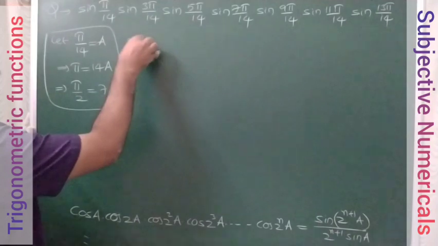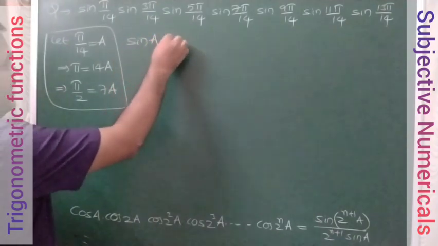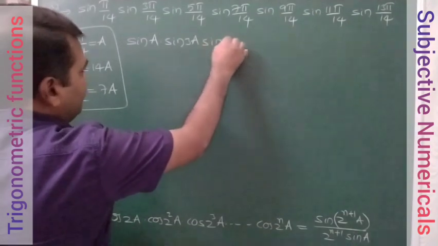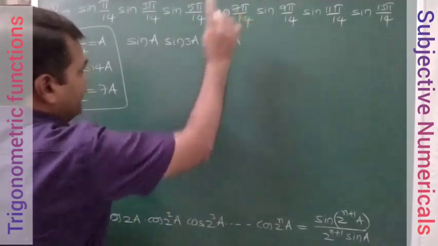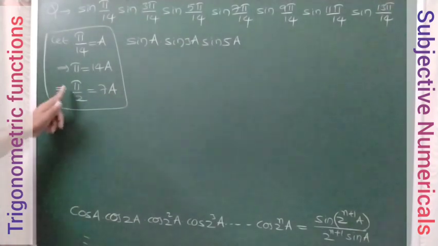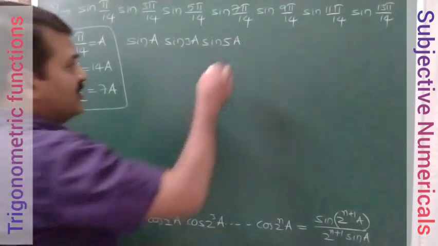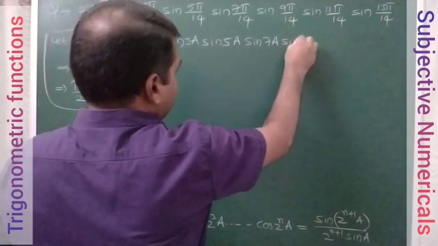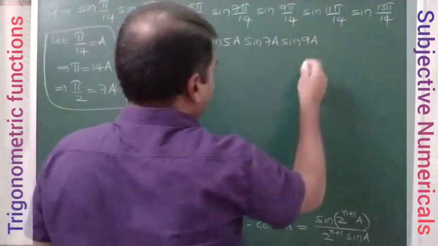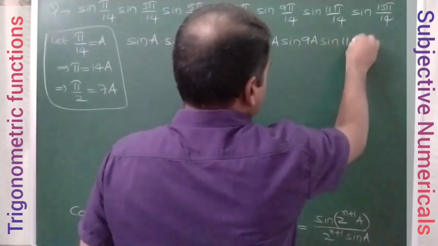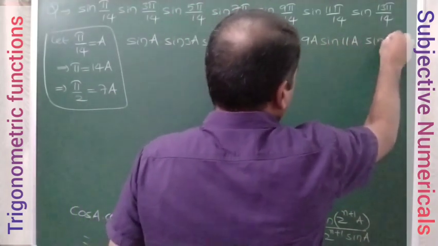First sine pi by 14 means sine a, next sine 3a, next sine 5a, and 7 pi by 14 is 7a, and 7a is pi by 2. We know its value, of course. No need of writing this, but still let us write. So if you use pi by 14 as a, this is what the question will look like.